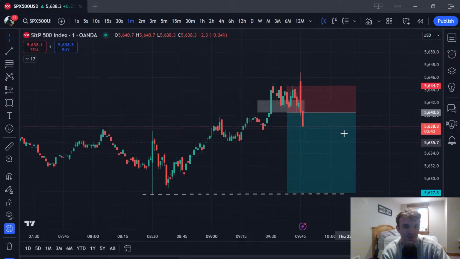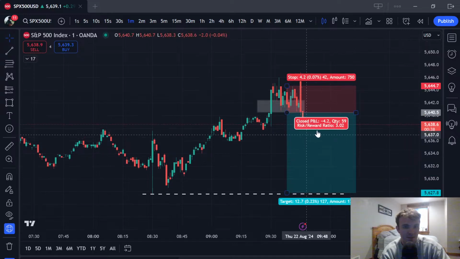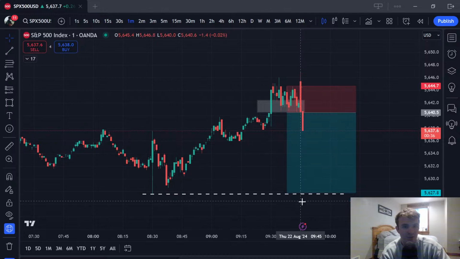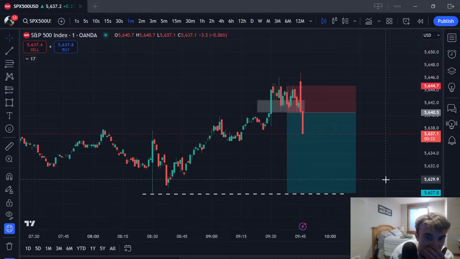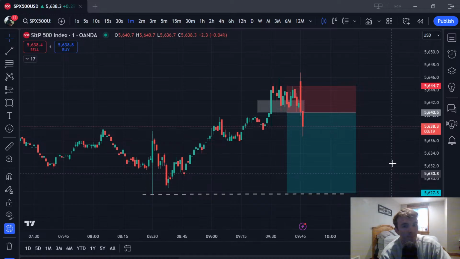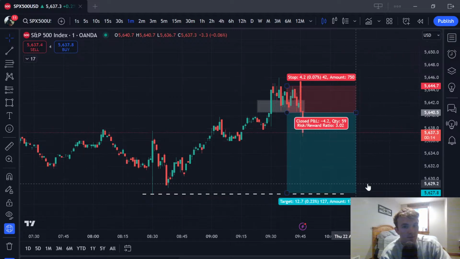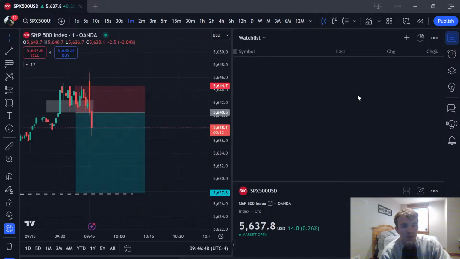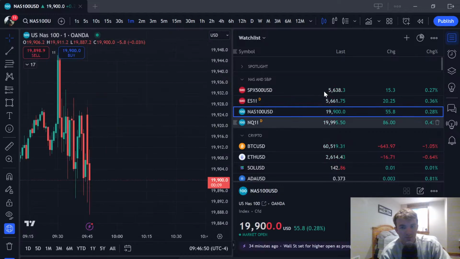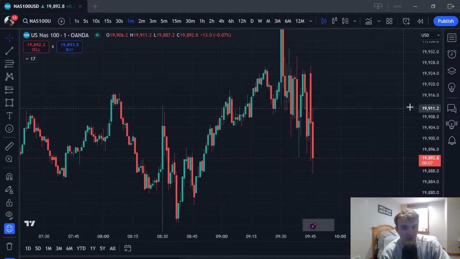So we'll see if this trade would work out. Candle body close. We might just run straight to the data low. Watch this. Yeah, I'm not taking that, but it's worth looking at.